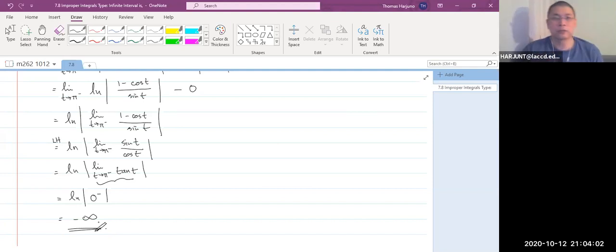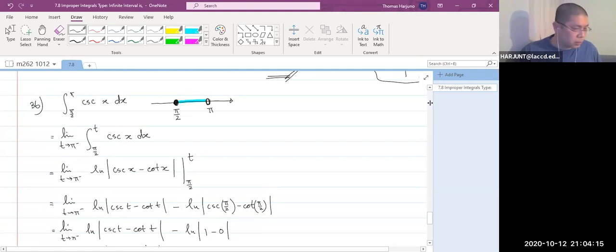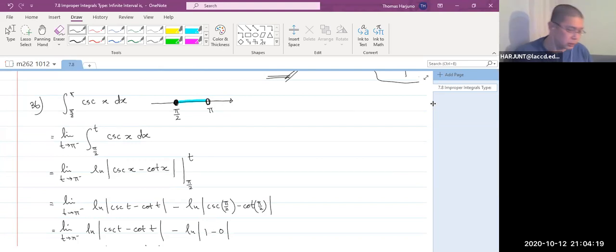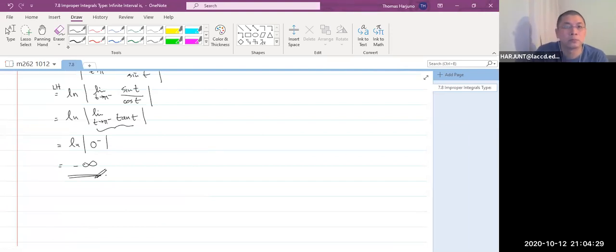That's for another trigonometric part. So your trigonometry has to be strong. So that's basically it for these improper integrals, and then I will go on with the comparison theorem.